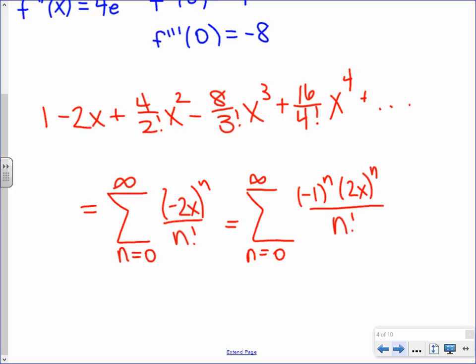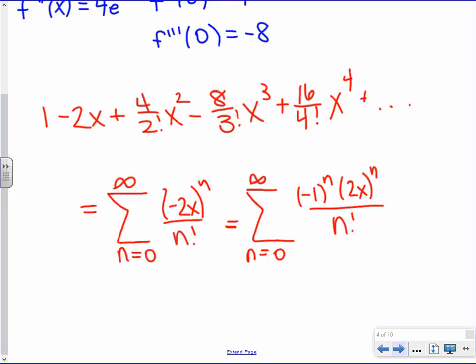Do we do negative 2x to the n over n factorial? Okay. Yeah, let's go ahead and just stay in the habit of making this the negative 1 to the n separate from everything else. Okay, because that's probably what you're going to see as far as answers for multiple choice tests.